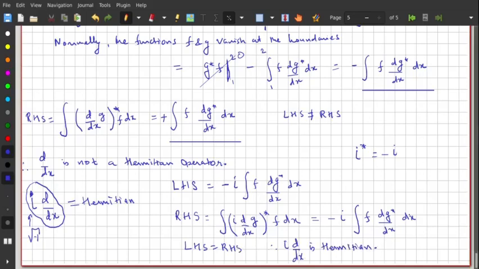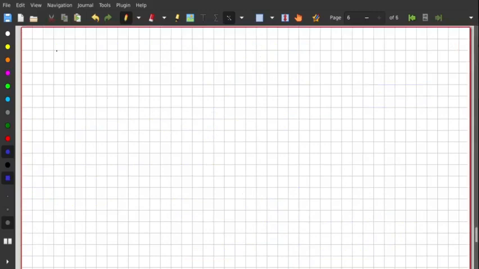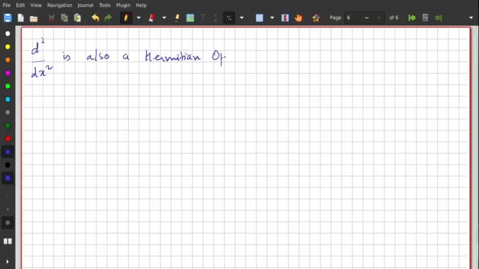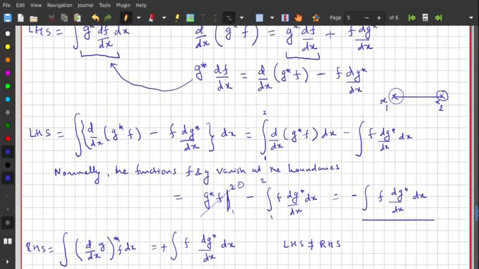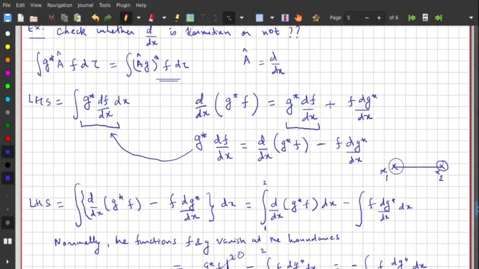Okay, so that's the basic idea about what we mean by Hermitian operators. Similarly, we can show that the second derivative operator d2/dx2 is also a Hermitian operator. You can test this yourself by looking at this expression.